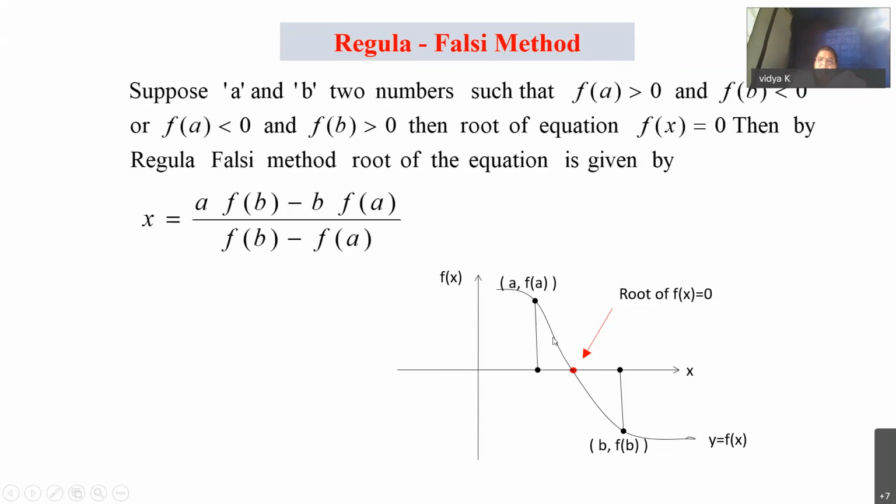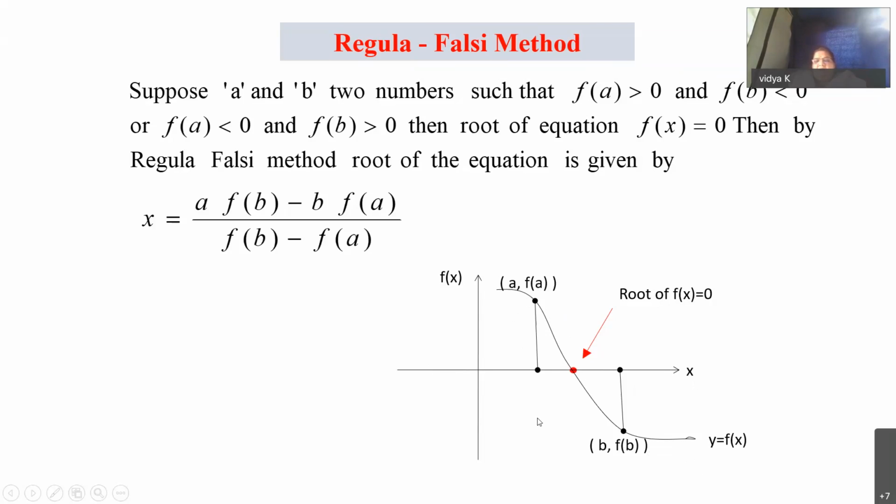Suppose f(b) is here. Then in between a and b, the root won't lie because the root is always on the x-axis. Therefore, if f(a) is greater than 0, f(b) should be less than 0. Then only the root lies between a and b.